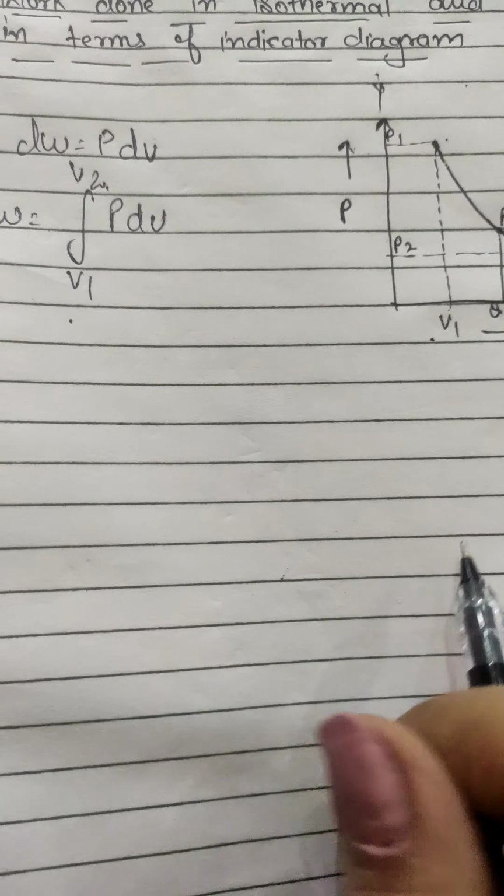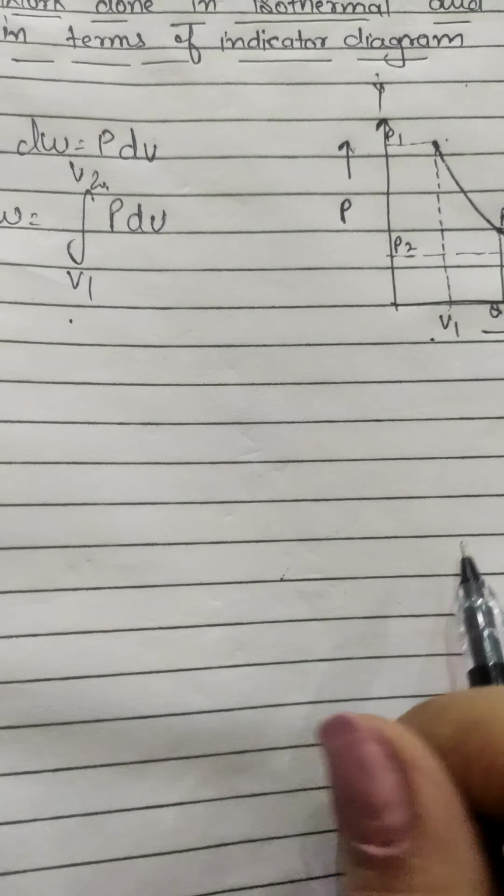Now when we are talking about isobaric and isochoric processes, what should be the curves? For the isochoric process, volume is constant, right? Since volume is constant, whatever heat we are providing is totally converted into internal energy.